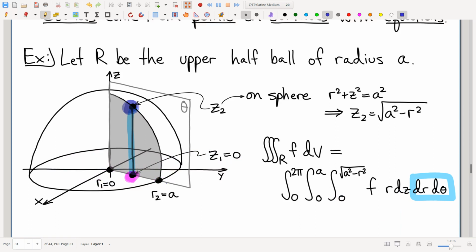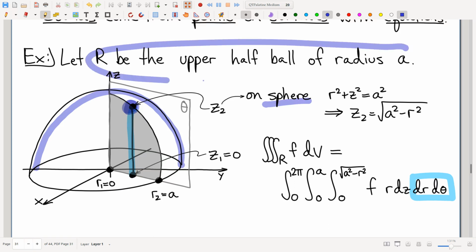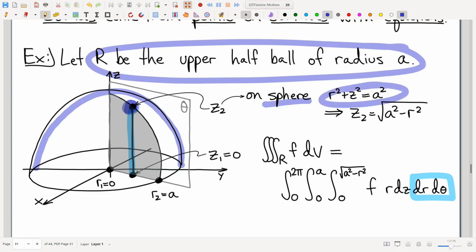That point right there is clearly on that sphere. You're going to have to do a little bit of work to infer from the statement of the question the equation of that sphere. Chapter 1 stuff, right? So flashbacks. This is the cylindrical equation of that sphere.